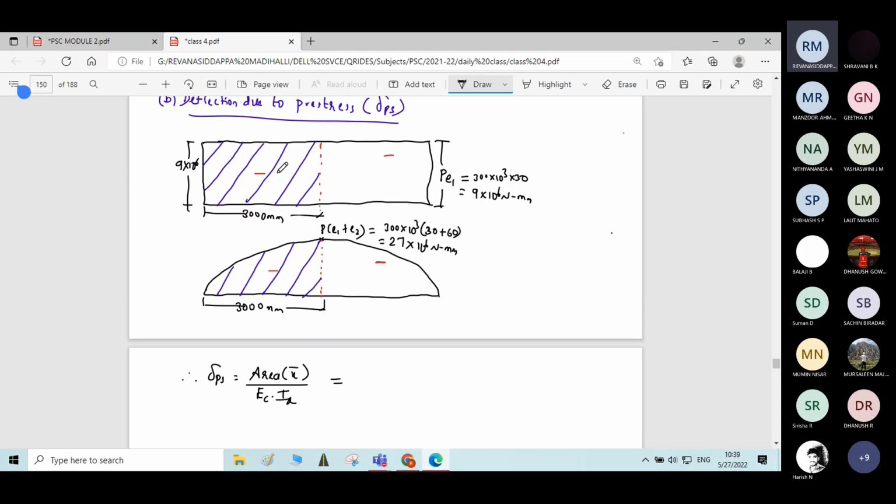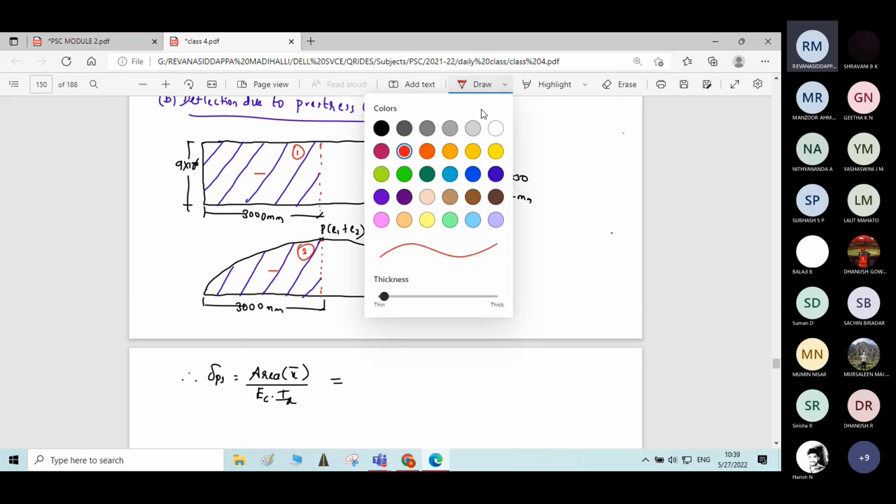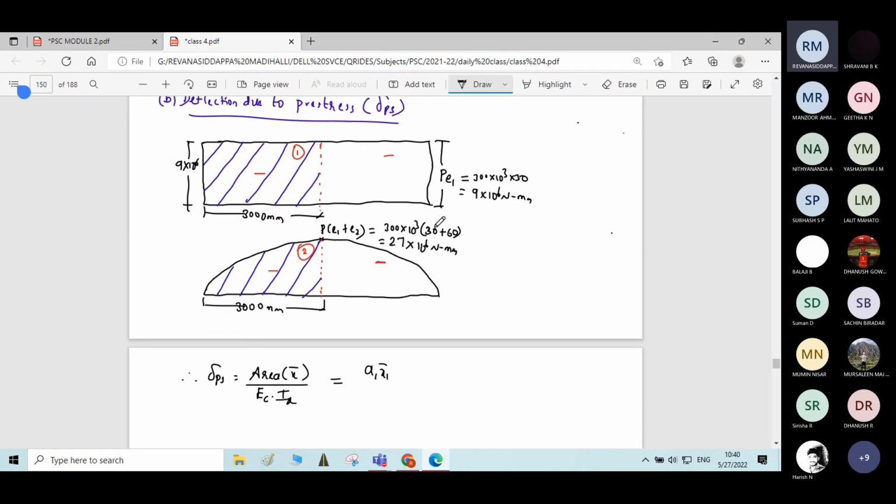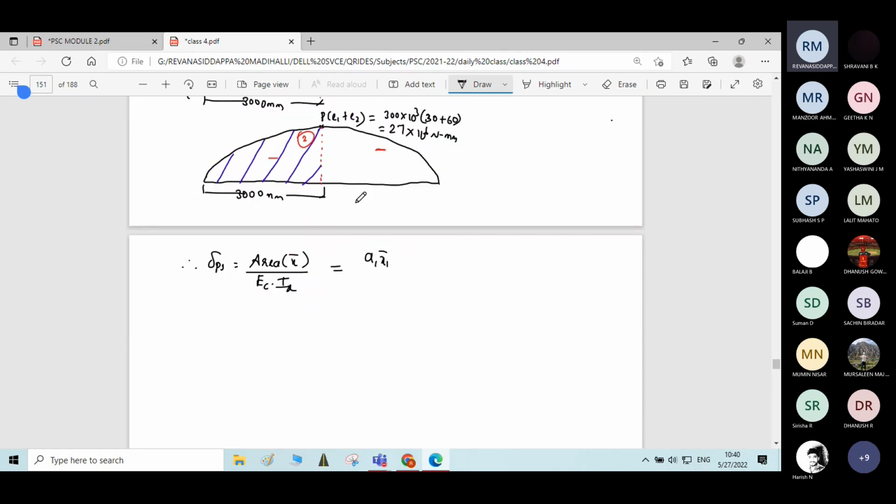Here we have two components, rectangle 1 and parabola 2. Two components. Okay. With respect to rectangle 1, area into x bar is A1 into x1 bar. What about the sign? Sign is negative.